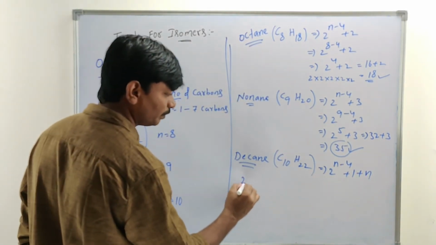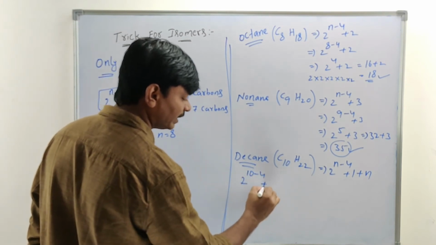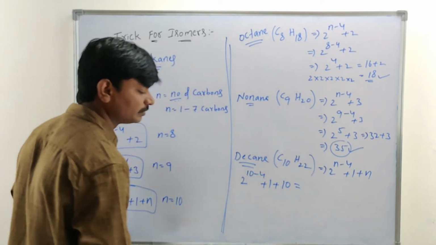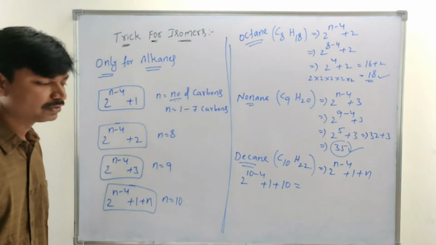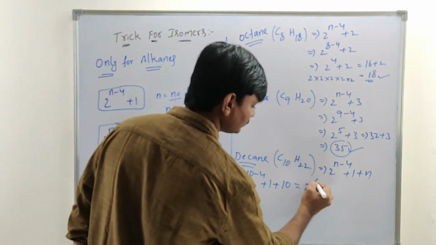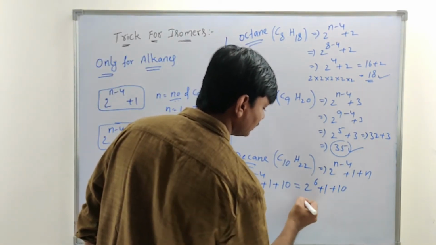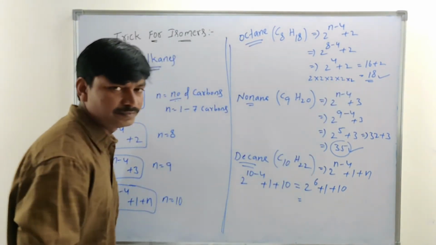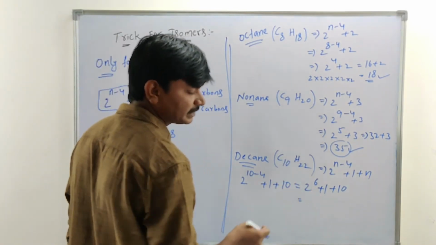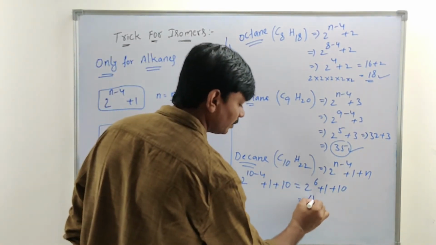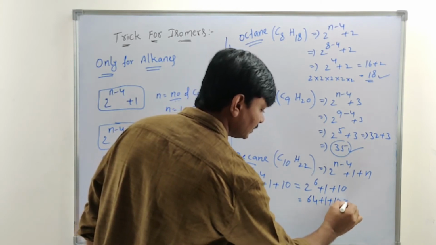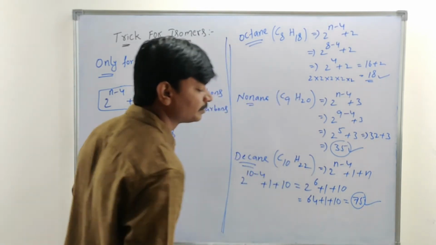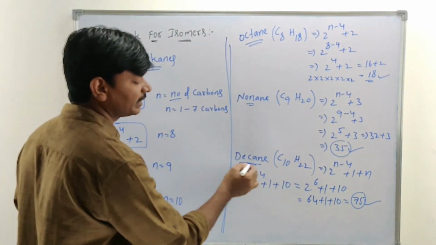With n equal to 10: 2 power of 10 minus 4, that's 2 power of 6 plus 1 plus 10. 2 power of 5 is 32, 32 into 2 is 64. 64 plus 1 plus 10, that's 65 plus 10. 75 isomers for decane.